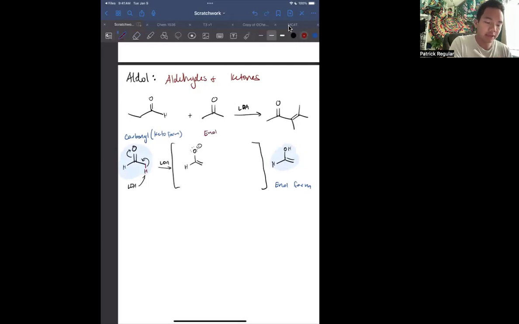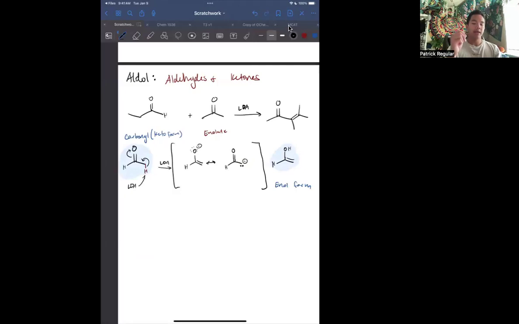The enolate form is very notable because there are two main resonance structures. The one I just showed forms initially right after the LDA snatches the proton, and then you have this other form, which is how I like to see it, with the lone pair there.